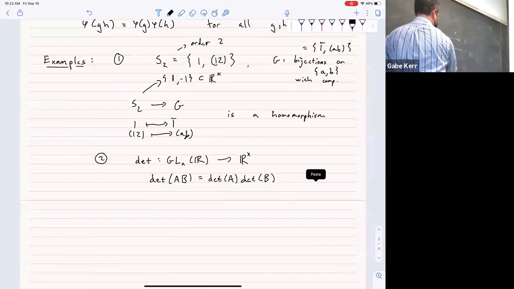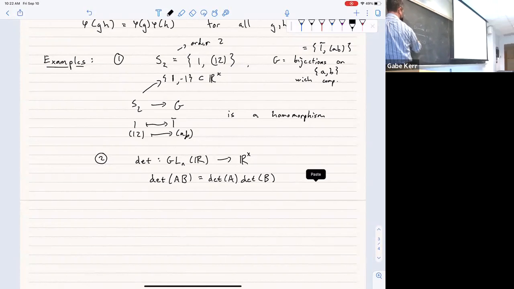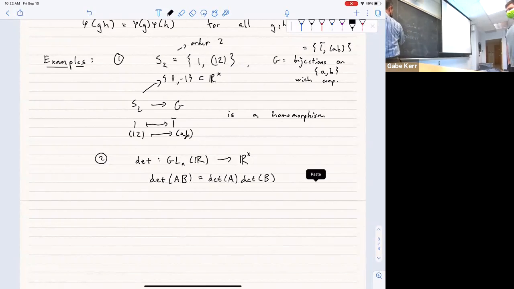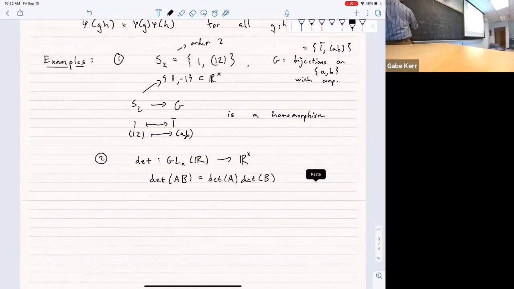Call this phi. Phi of (1 2) times (1 2), well, we know this is phi of the identity, which is 1. But we also know this is equal to -1 times -1, which is (-1) squared, which is phi of (1 2) times phi of (1 2). That's basically the identity we need for a homomorphism.